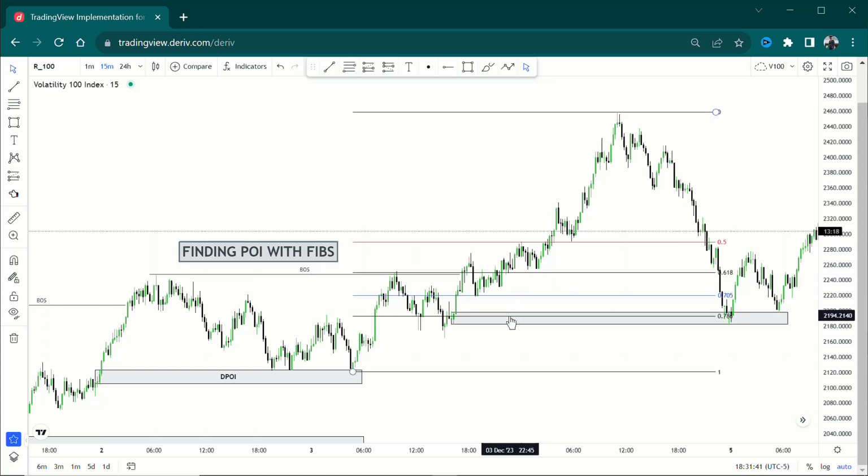I draw order blocks, and an order block is supposed to have a fair value gap before it. If there's no fair value gap, then I don't want to draw that as an order block. So the first order block that popped up here was this one, this guy right here.